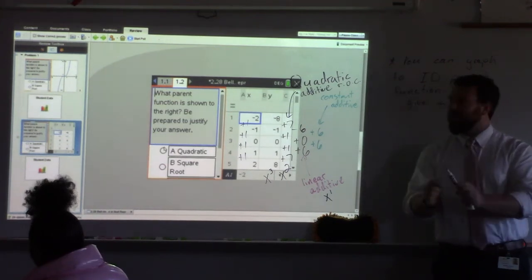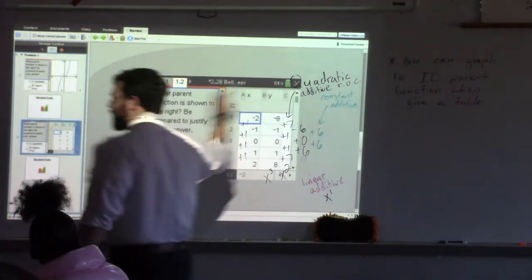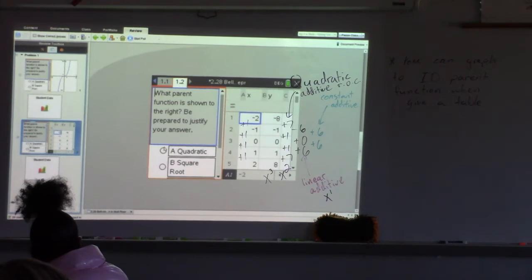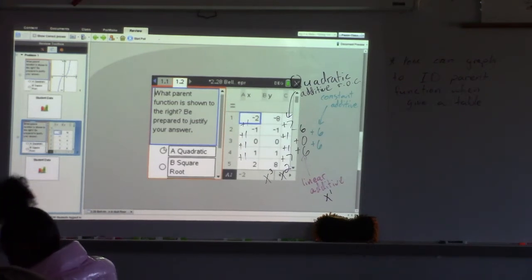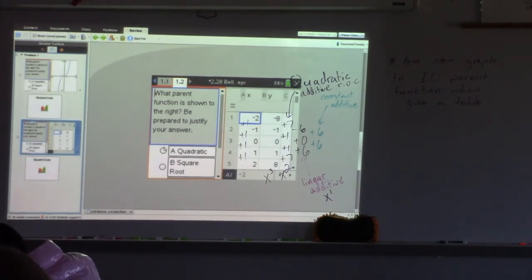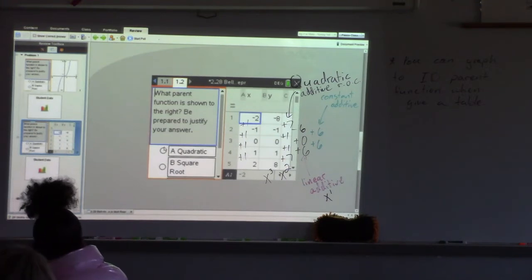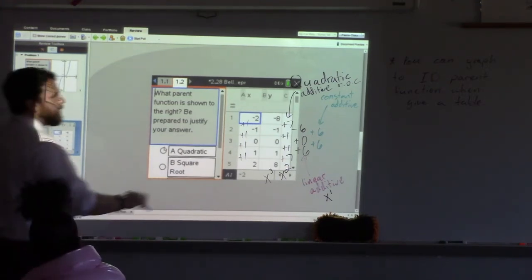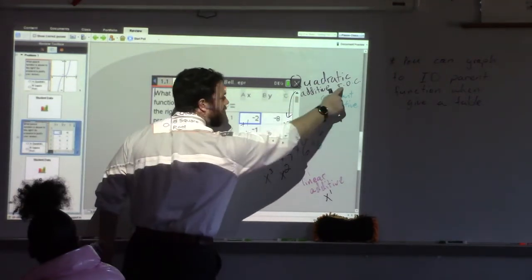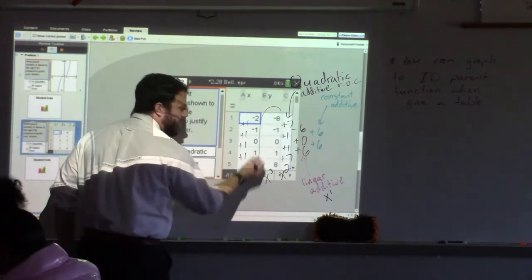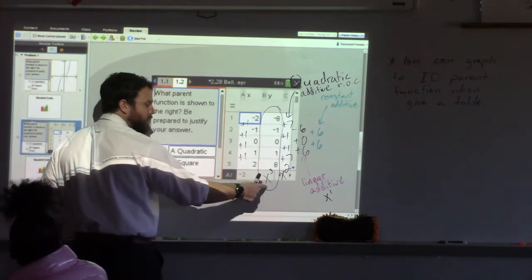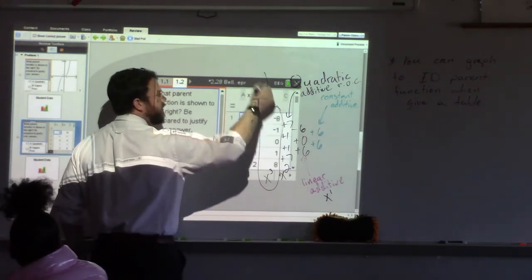What had a linear additive rate of change? Quadratic. So it's a quadratic additive rate of change. So what type of function then would have a quadratic additive rate of change? Y'all already told me. It's cubic.